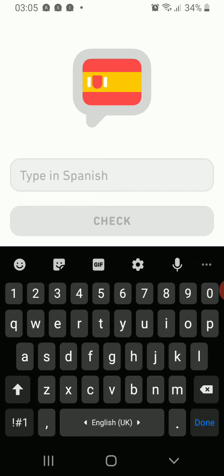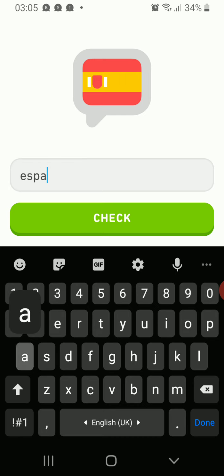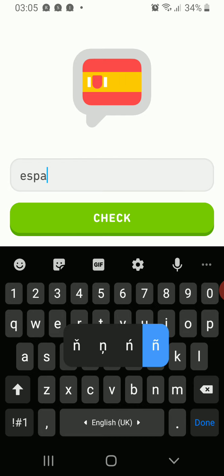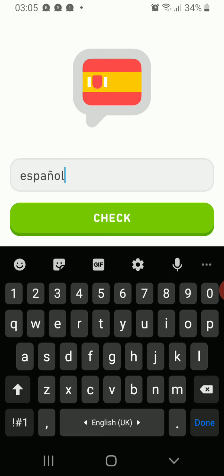Now we have to translate the word Spanish. Spanish is going to be español. Palatalization again, so I just use a tilde here. I know this because usually vowels don't go together.